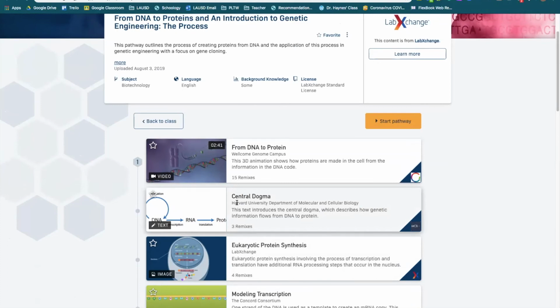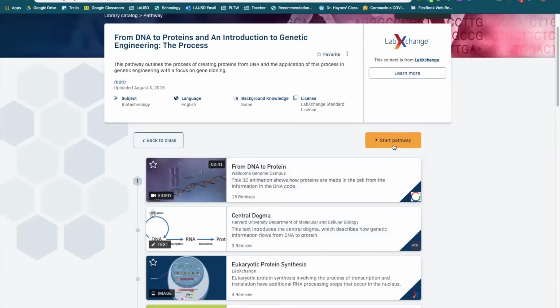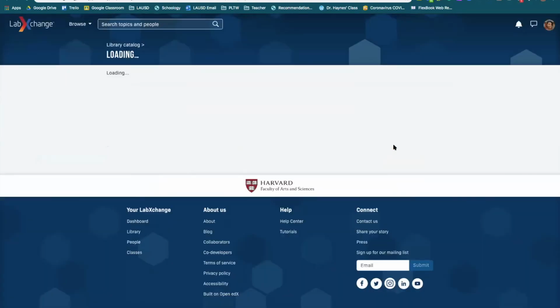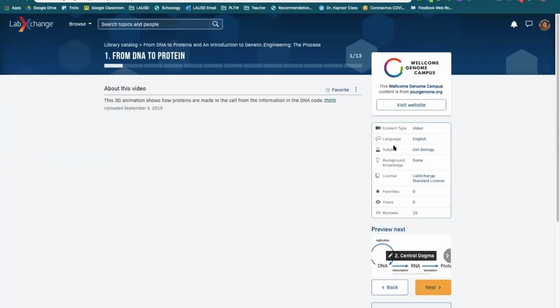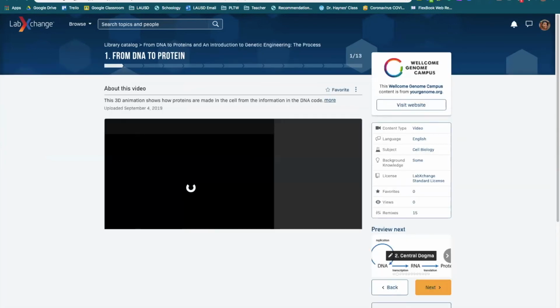And so I've given you lots of different simulations so that you can really understand what we're talking about when I'm talking about mutations and how that affects proteins and how proteins are doing things in your body. So what you do is click on Start Pathway. And once you click on Start Pathway, it'll start at the first step, which I believe is a video that I've put in for you.